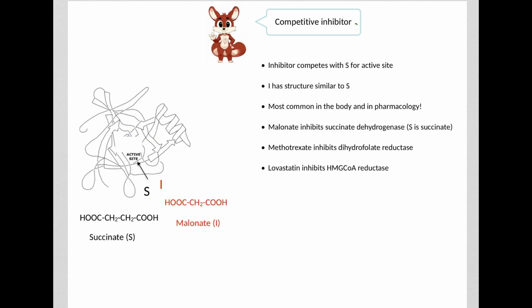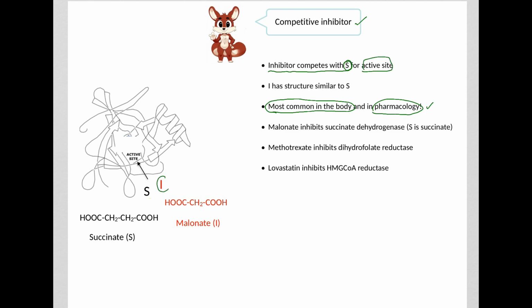So, competitive inhibitor. Now, competitive inhibition is the most common way to regulate enzymes in the human body, and it's also very common in pharmacology. A lot of drugs actually work as competitive inhibitors. A competitive inhibitor competes with the substrate for the active site.